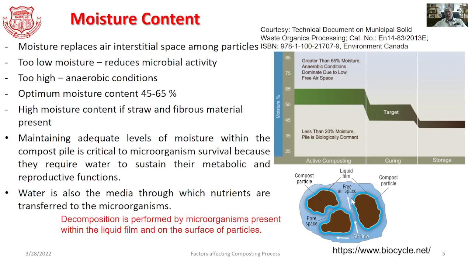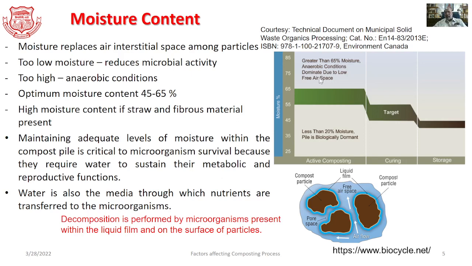The way we consider here, if the entire space is getting filled because of the moisture, then there will be absence of the oxygen and hence the anaerobic conditions would be developed. As such, the bacterial activity would be hampered. Hence, there has to be optimal moisture content of 45 to 65%.